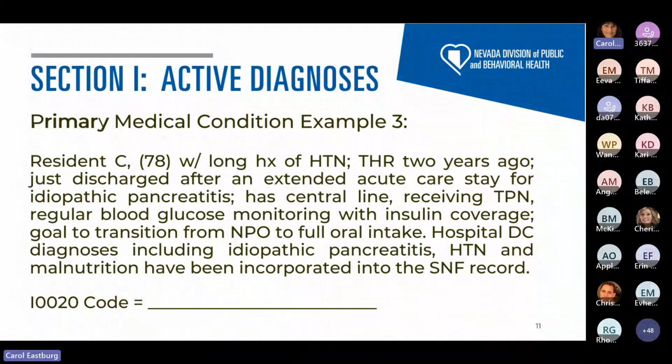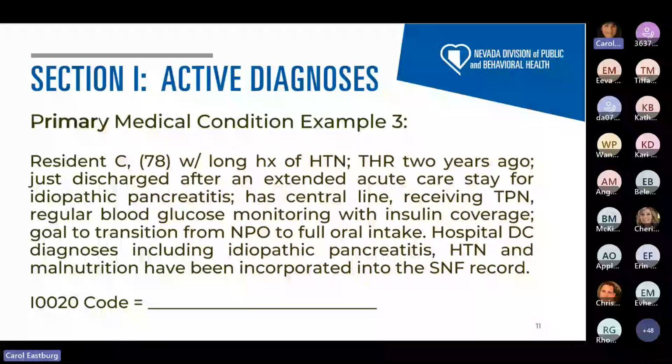In example number 3, resident C underwent a total hip replacement 2 years ago and has a long history of high blood pressure. They were just discharged from an acute care facility after an extended stay for treatment of idiopathic pancreatitis.